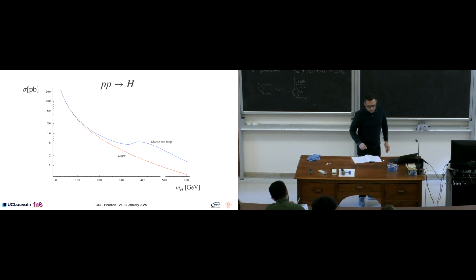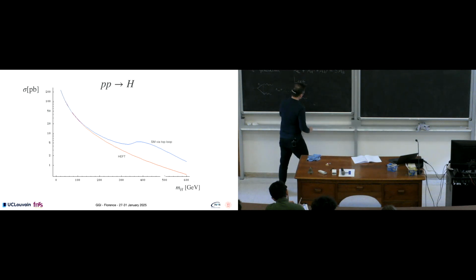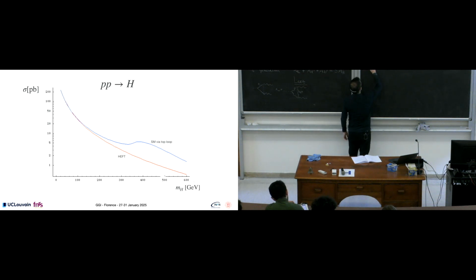So what we said yesterday was that when I go and calculate x plus 1z, in this blob here, I can use a contact interaction or I use the loop.